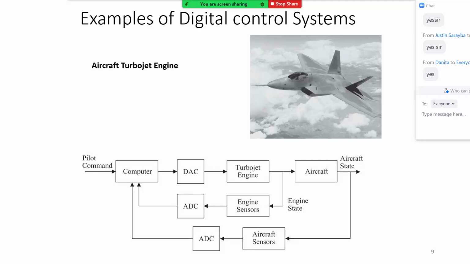We have sensors that take measurements from the engine, and sensors that come from the aircraft, and we take the analog to digital converter and feed them to the computer. So you see already here a different configuration than the two configurations that we've seen before. Here I have this feedback, and I have another feedback with an analog to digital converter, and this is all the command, and the signal is generated using the computer.